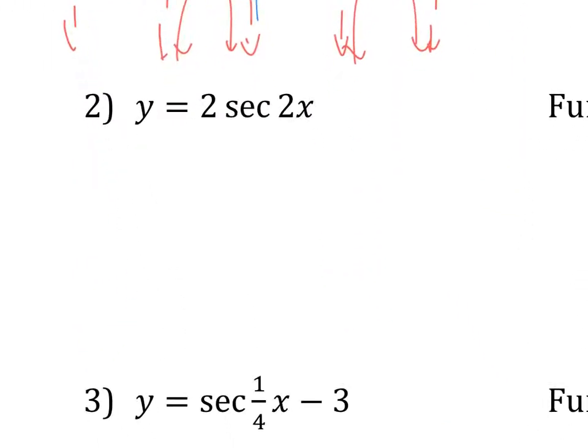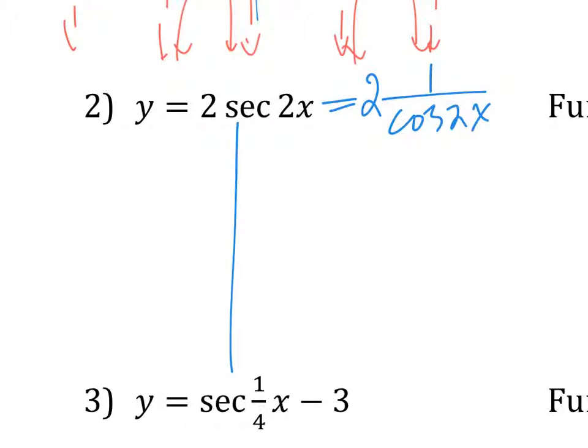All right, 2 secant 2x. So what are we going to do first? How do we change this function? One over cosine. So we are going to graph 1 over cosine 2x. The 2's in the front, but I am also going to draw it with an amplitude of 2, just so that it's easier for me to draw my secant. So cosine 2x.